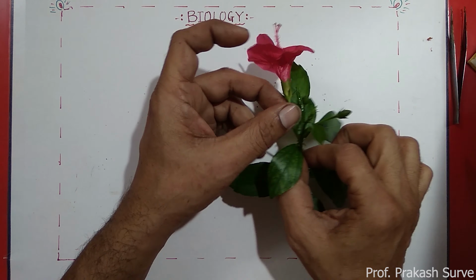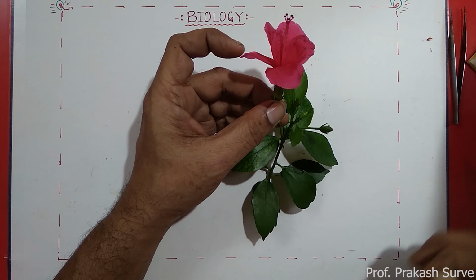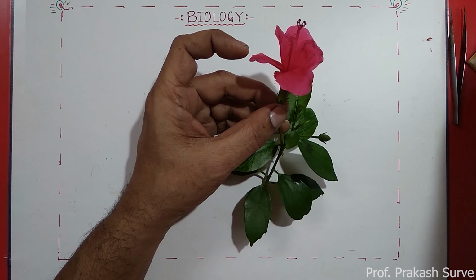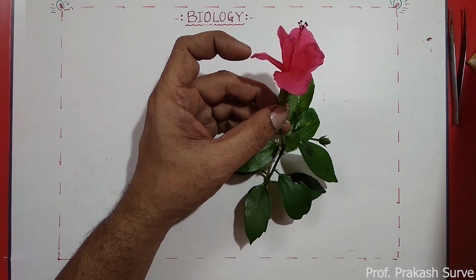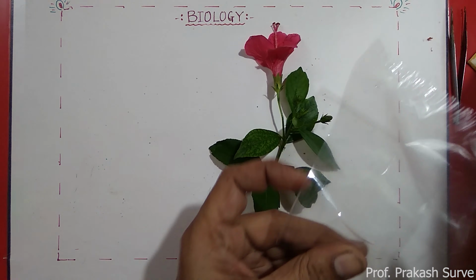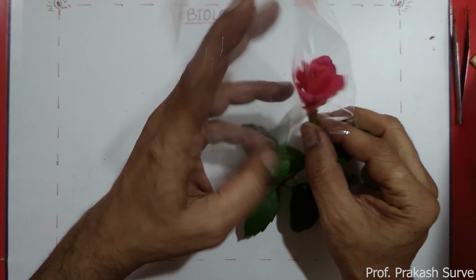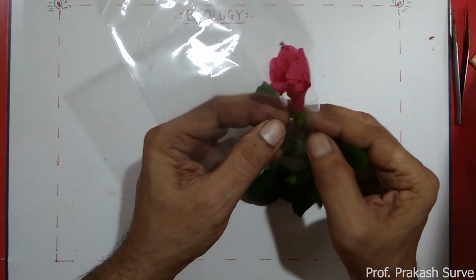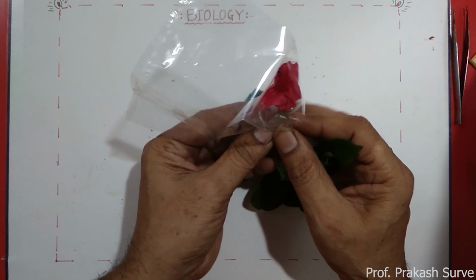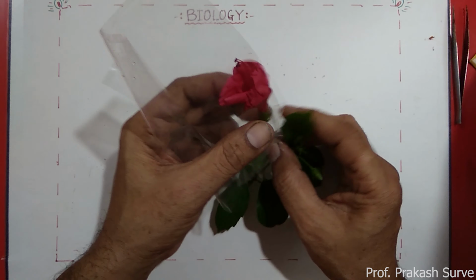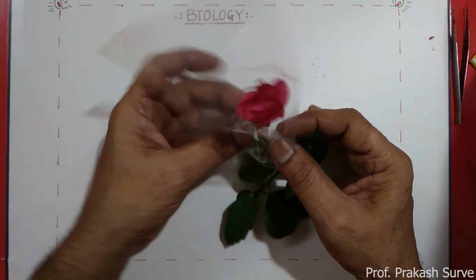Okay. Now next step. Suppose this flower is there. This flower is having one polythene bag with it. So the plant is there with the flower, and this flower is closed inside the bag.